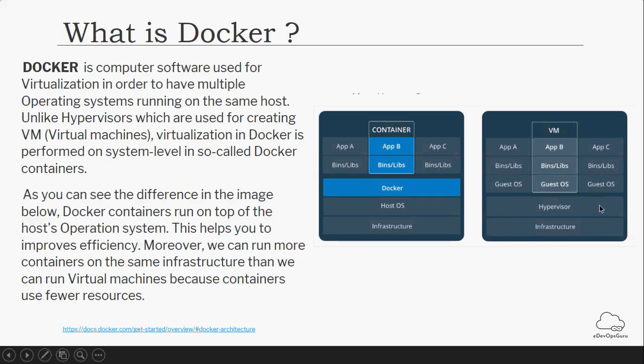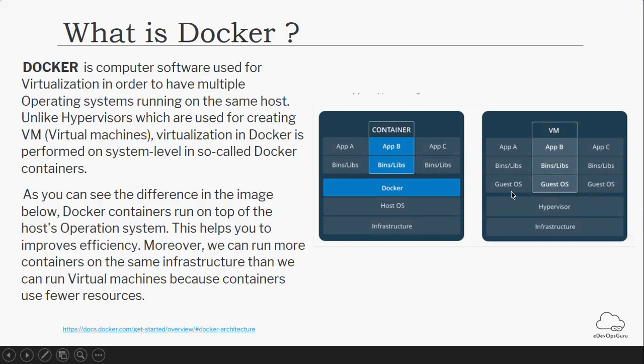This hypervisor could be a hardware hypervisor, which runs directly on bare metal, or it could be a software hypervisor, an OS which itself is running another hypervisor such as Oracle VirtualBox or any other hypervisor.